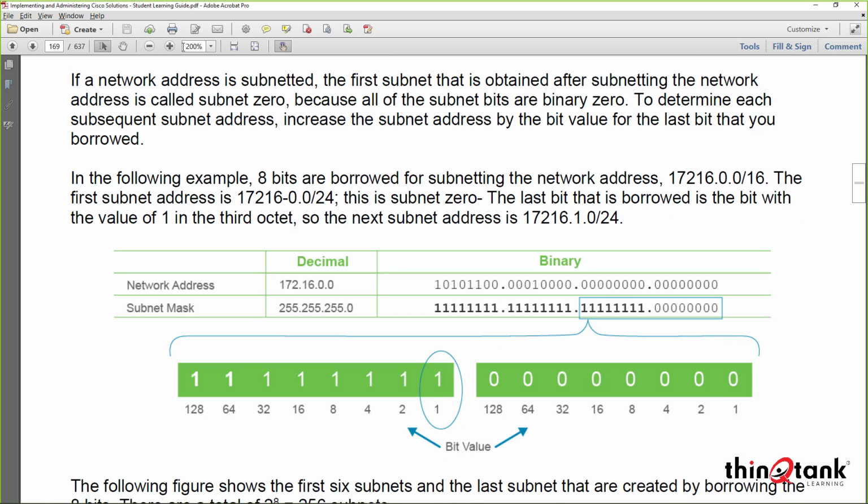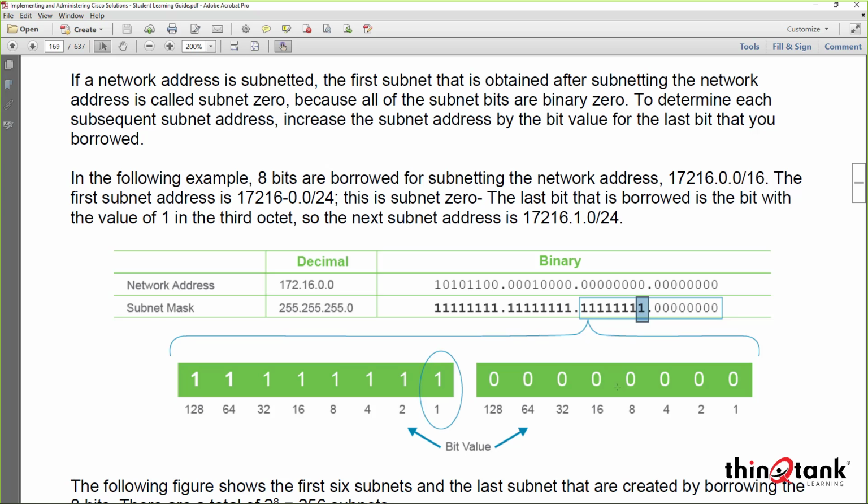All right? It says here, if a network address is subnetted, the first subnet that's obtained after subnetting the network address is called subnet 0, because all of the subnet bits are 0. To determine the subsequent addresses, increase the subnet addresses by the bit value for the last bit that you borrowed. That is a very fancy way of saying block size, which is kind of interesting if you think about it, because that's another way of looking at it.